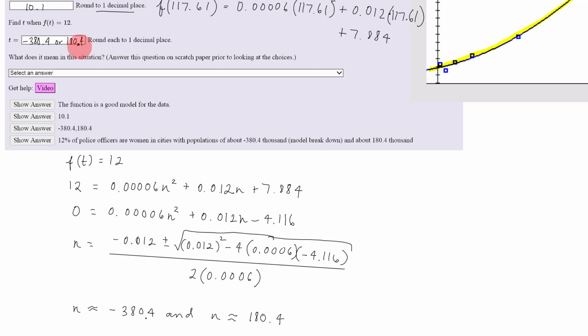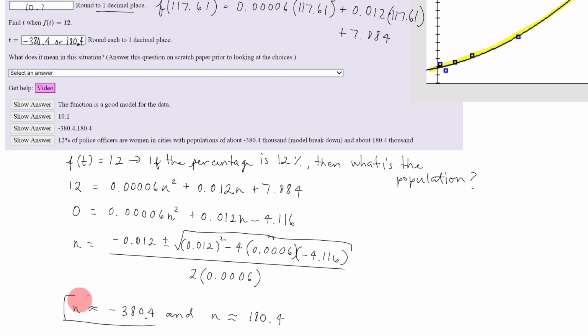So when it's asking for f of n equals 12, it's saying that if the percentage of women who are police officers is 12%, then what is the population? And that population is negative 380,400 or 180,400.